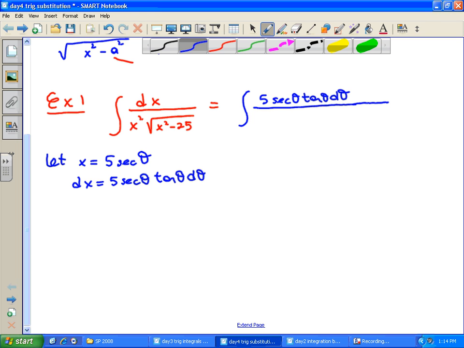Since x is 5 secant theta, exactly 25 secant squared theta for x squared. Okay, and how about under that square root sign? We have x squared minus 25. X squared is 25 secant squared theta minus 25.